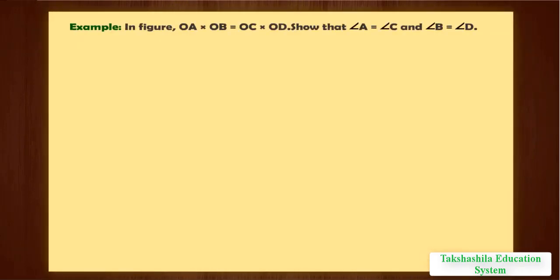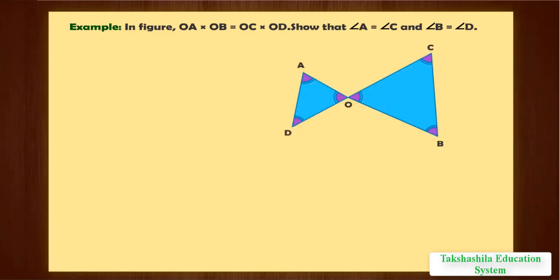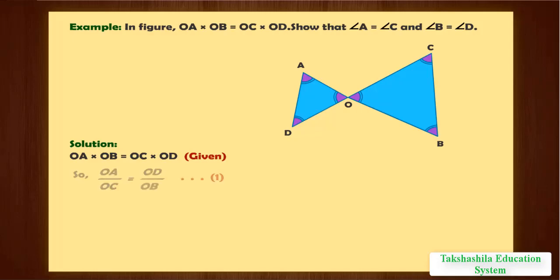Let us take an example for better understanding of the theorem. In the figure, OA into OB is equal to OC into OD. Show that angle A is equal to angle C and angle B is equal to angle D. We are given that OA into OB is equal to OC into OD. So, OA upon OC is equal to OD upon OB. This is equation 1.